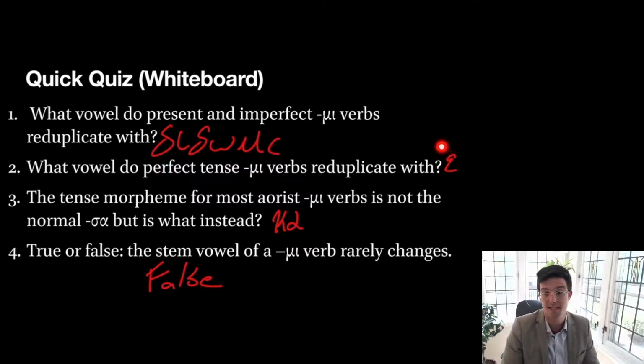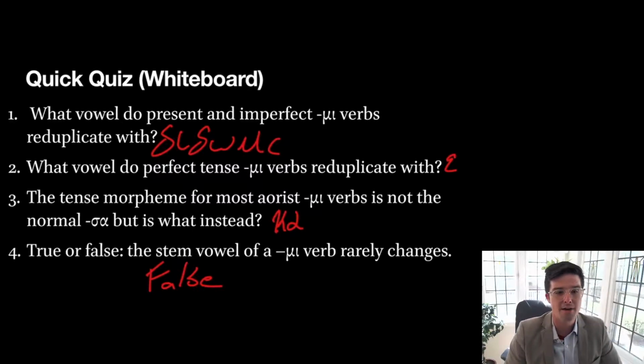For the perfect tense of mi verbs, we're still going to have reduplication with the epsilon rather than the iota. So one of our keys to identifying the perfect is going to be that reduplication rather than this reduplication. Then the kappa alpha is not necessarily going to be our sign for the perfect tense when it comes to mi verbs, but rather it's often going to be a sign of the aorist tense.